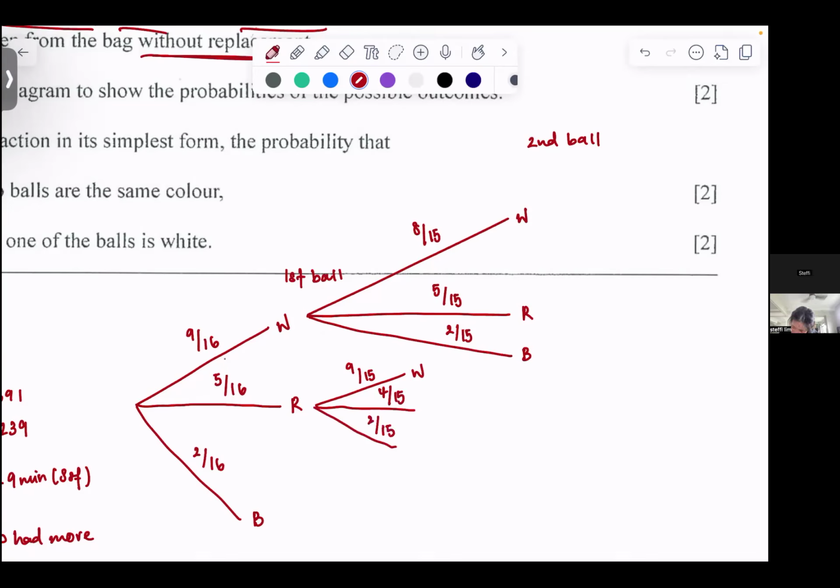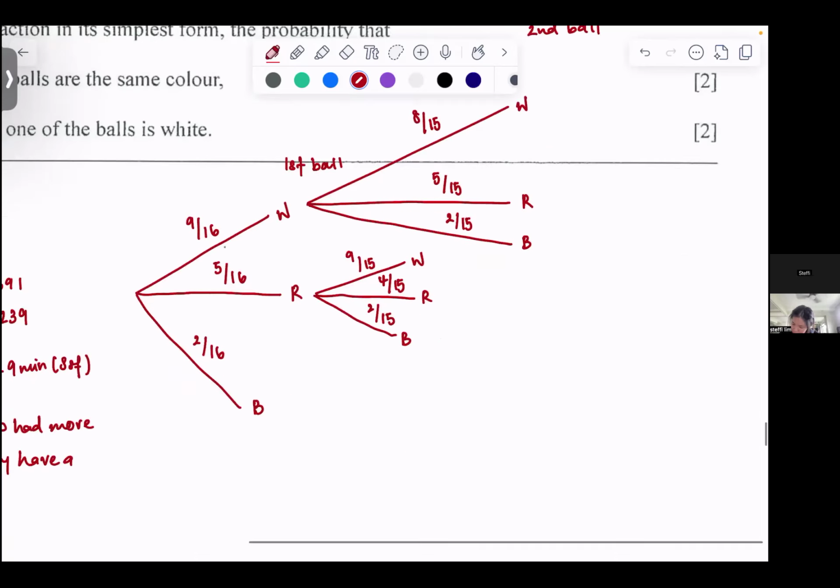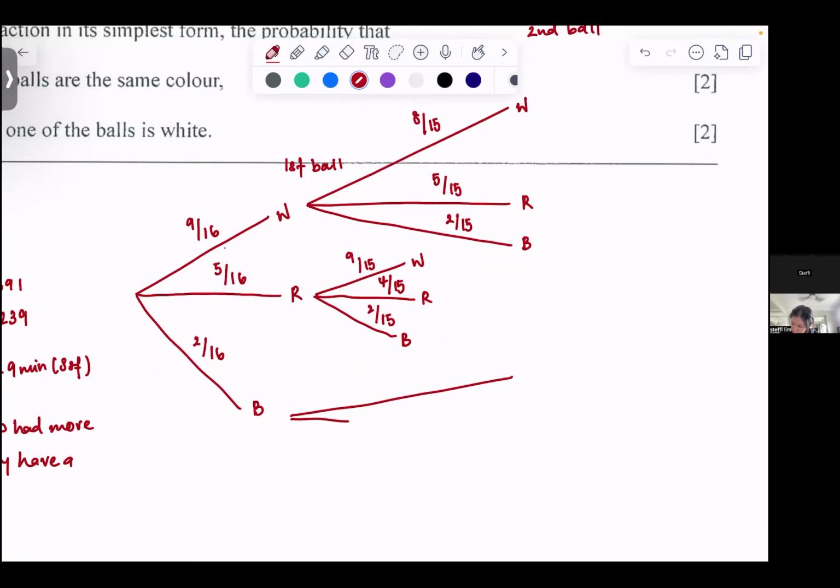Then with the same logic, just finish this tree diagram. 1 out of 15, okay? So this is your tree diagram.